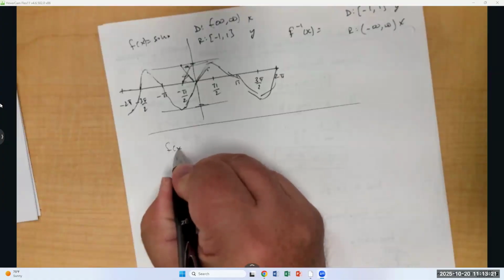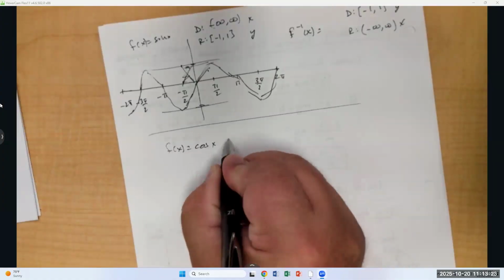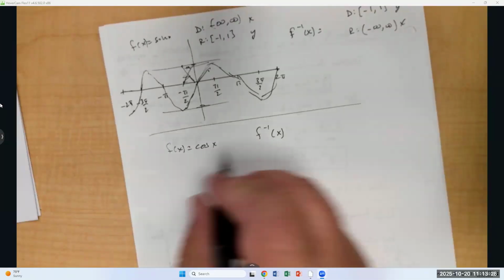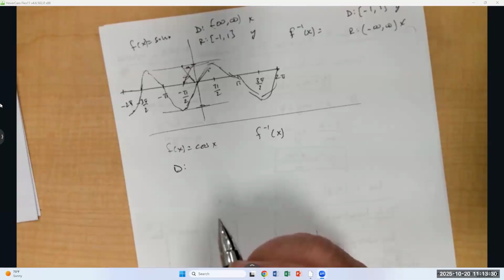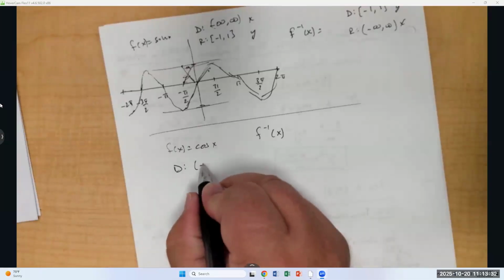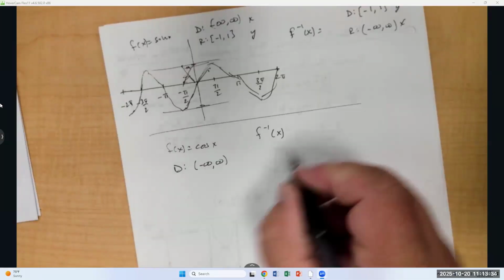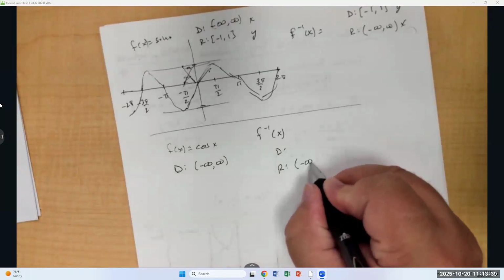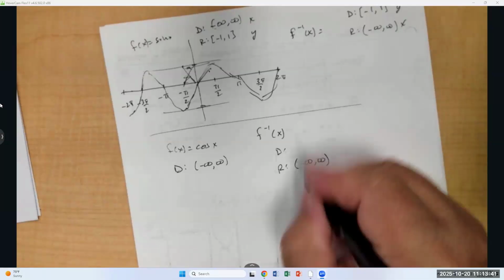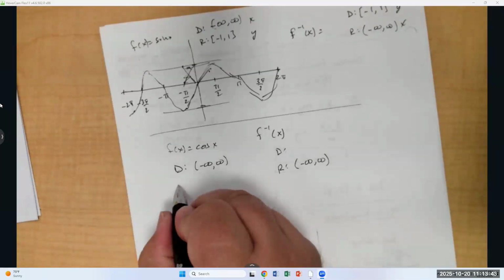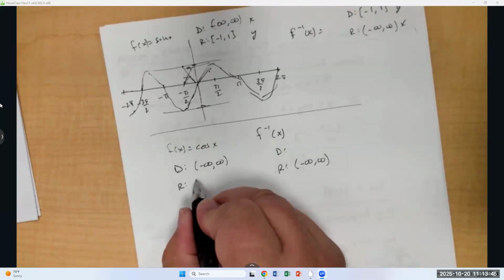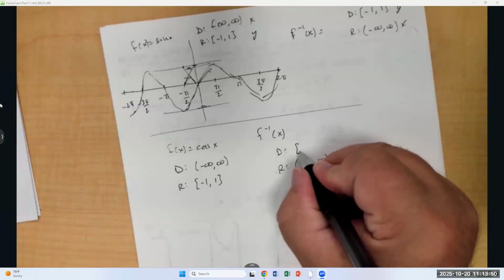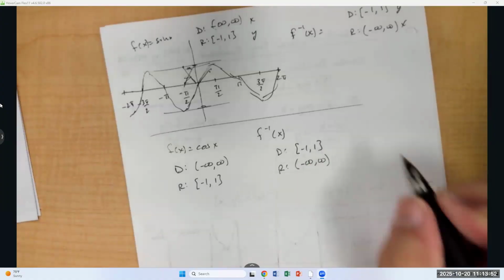Same with the cosine function. If the domain of the cosine function is from negative infinity to positive infinity, that means that's the range, the vertical aspect of it. The range of the original function, which is from -1 to 1, is the domain of the inverse.